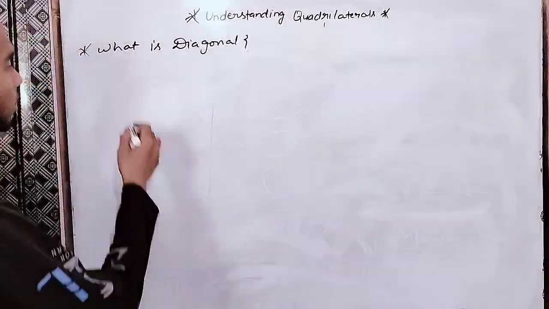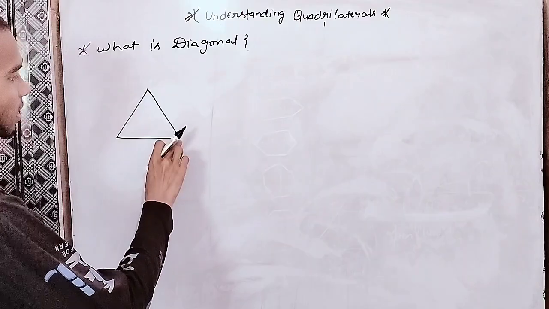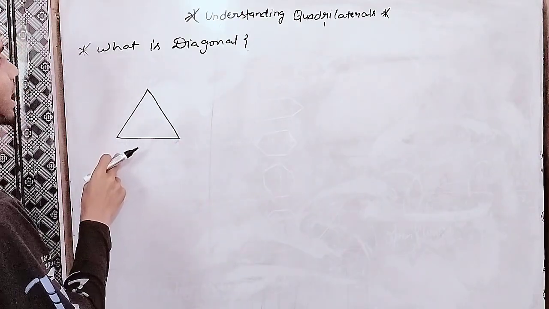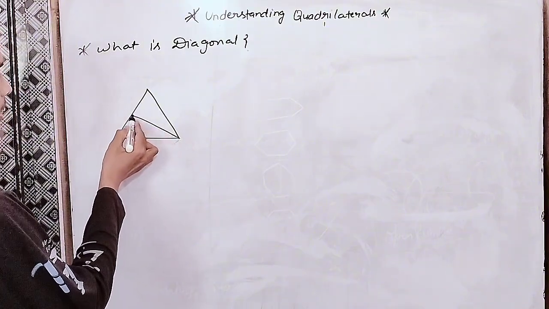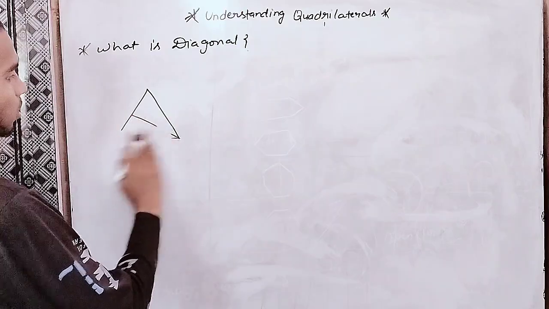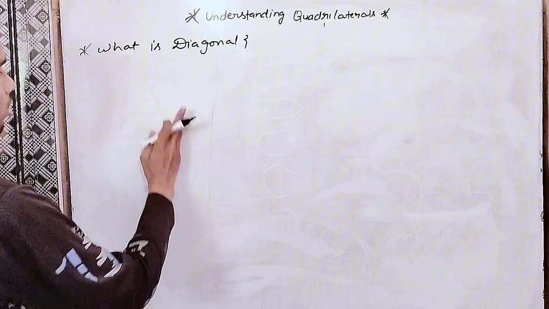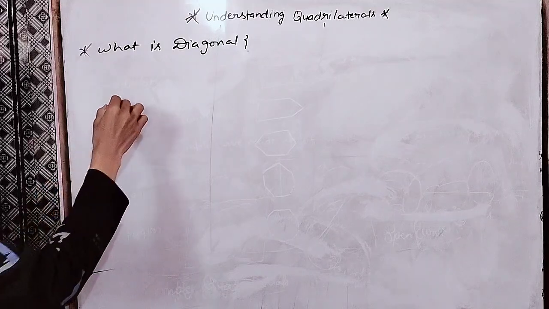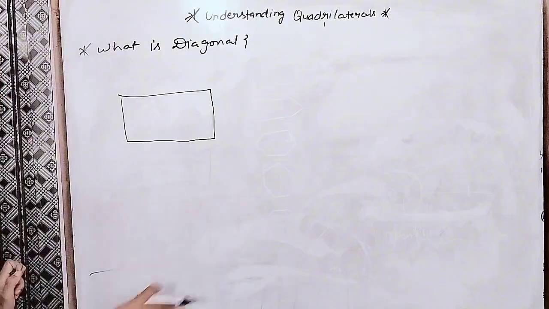Let's create a polygon. This is a polygon. But in this polygon, you will not realize what a diagonal is. You can say this is a diagonal, but this is not the exact definition. So to understand about a diagonal, let's take a quadrilateral.